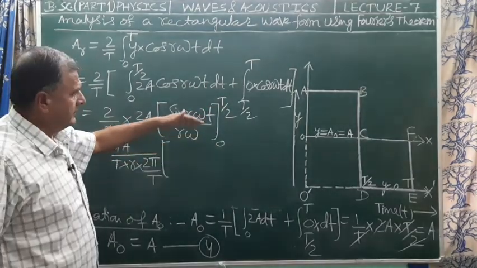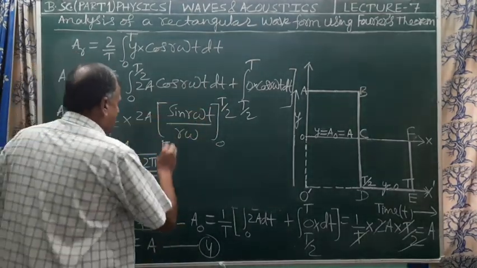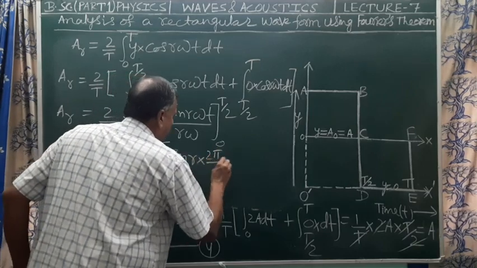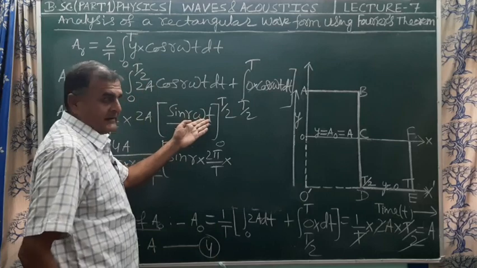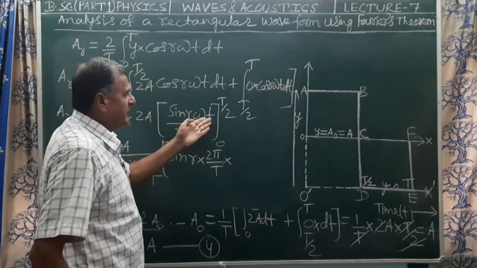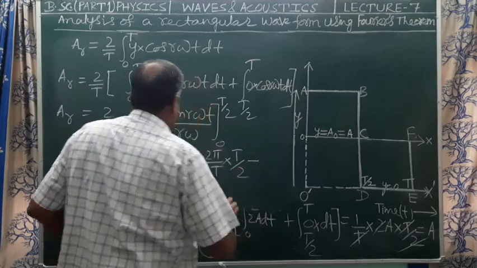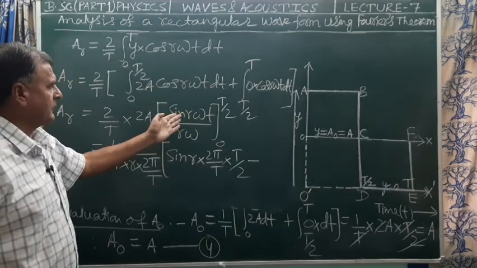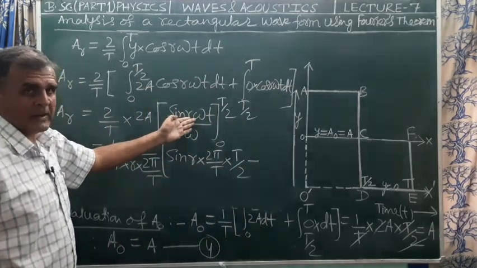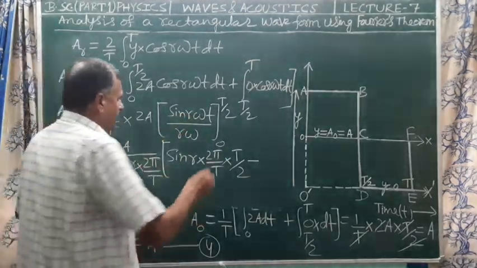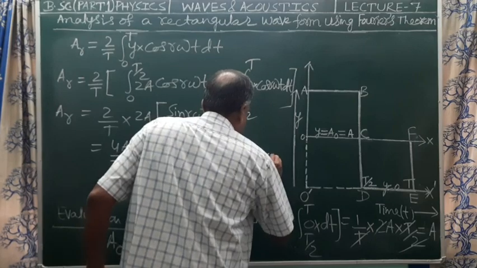So inside the bracket we have sin of r omega, that is 2 pi upon capital T, with small t replaced by the upper limit capital T by 2, minus sin of the lower limit, where t is replaced by 0, so sin 0.